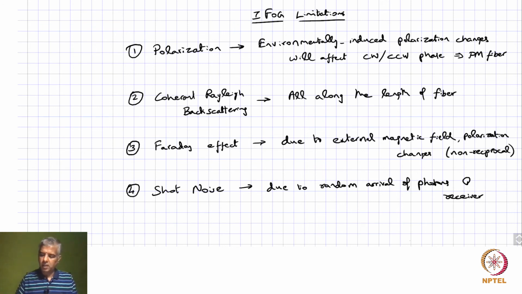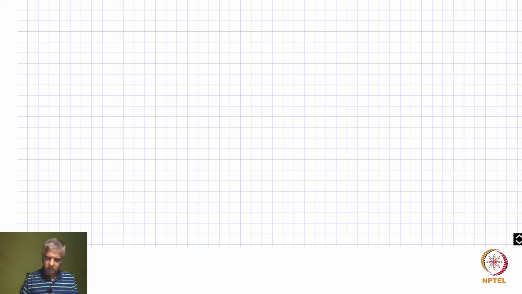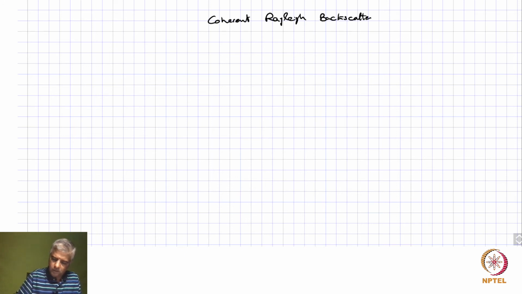So let's look into a little more detail. Like I said, coherent Rayleigh backscattering is one of the major limitations. So what is coherent Rayleigh backscattering, which in short is known as CRB?